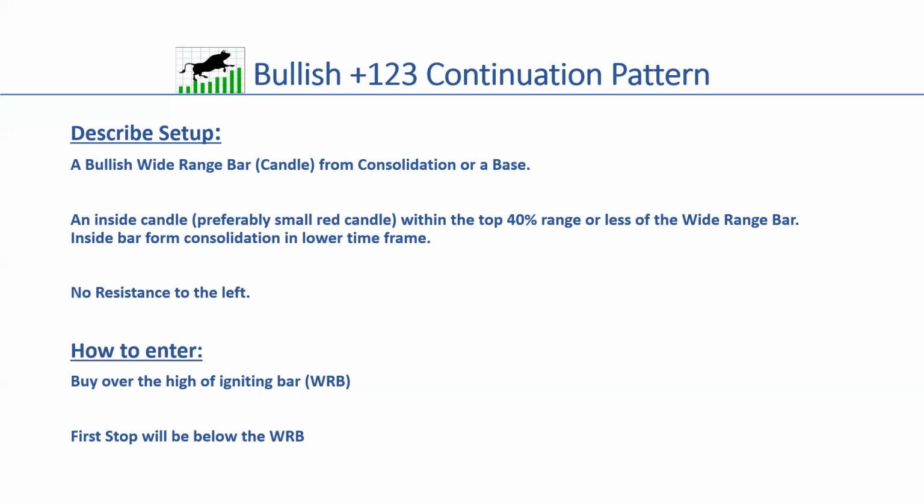If there is a pivot low just below the WRB, we can place our stop there as well. So this was the setup, and this is how we should enter into the trade. Now let's move ahead and check a couple of examples, so that you will have a very clear idea how to trade this reliable pattern.